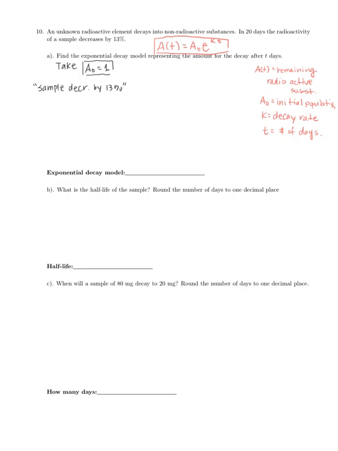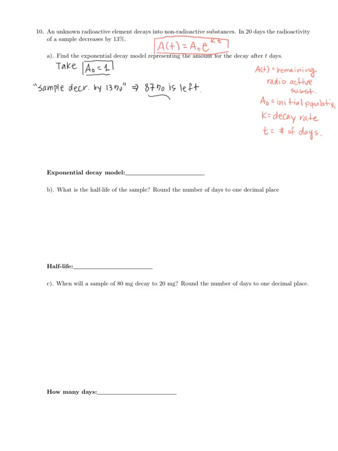That means how much is left over? 87%. So that means 87% is left. Remaining radioactive substance is denoted by A of t. So this 87% is going to become our A of t.